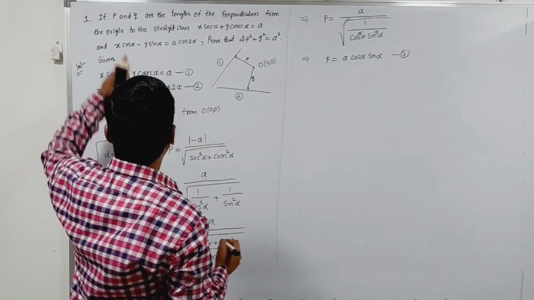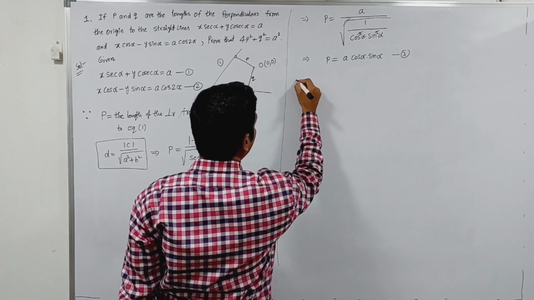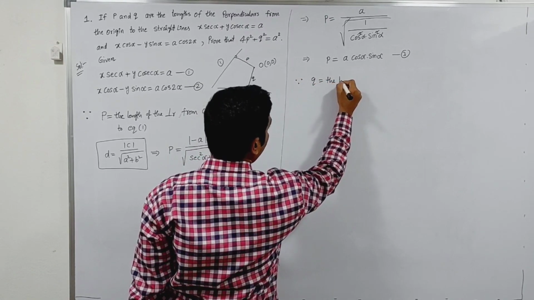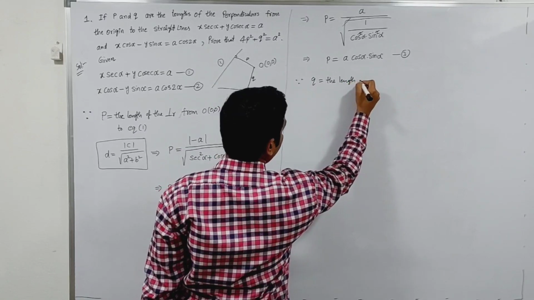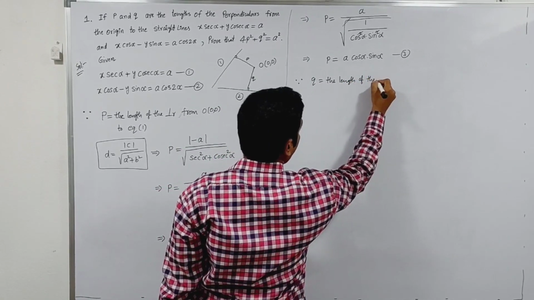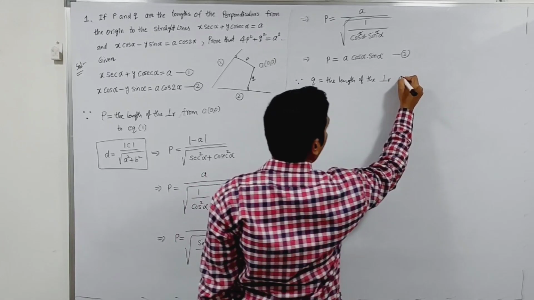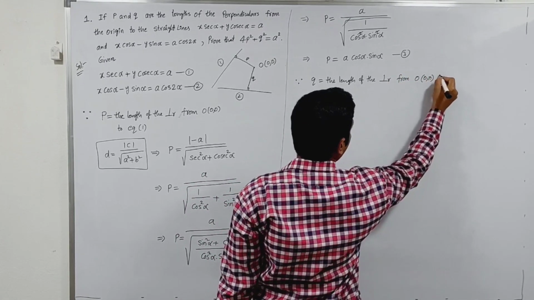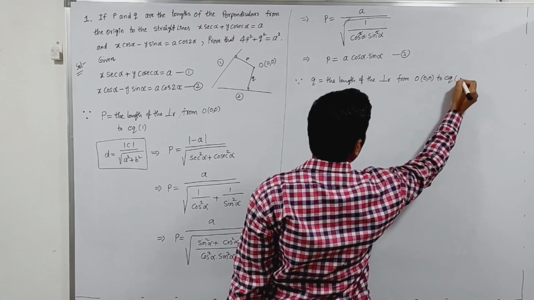Now, what is Q in the problem? Here Q is the length of the perpendicular from the origin (0, 0) to equation 2.